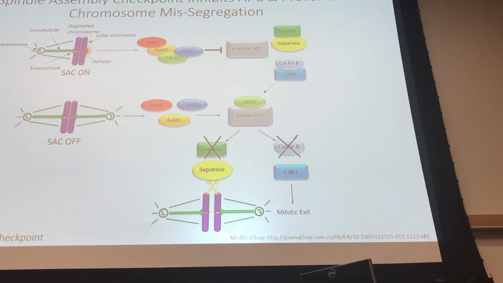CDC20 can now bind to APC. APC can then degrade securin. Now separase is free to cleave the kinetochore so that one chromosome goes into one daughter cell and one goes into the other. As long as not all of the kinetochores have microtubules attached, like right here, this complex is going to stay sitting at the kinetochores to prevent this activity from happening, preventing any separation.